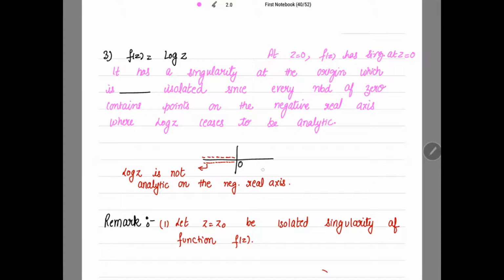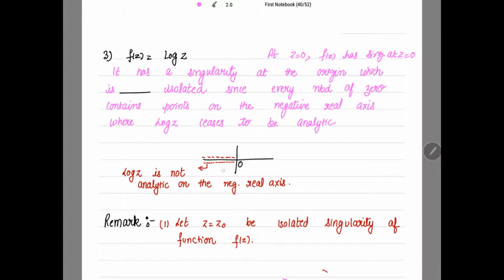If you see on the number line, this is your 0, but there is one remark that log of z is not analytic on the negative real axis. It can never be. It ceases to be analytic on the negative real axis. For a brief description, you can check my stereographic projection notes and the argument of log z videos.